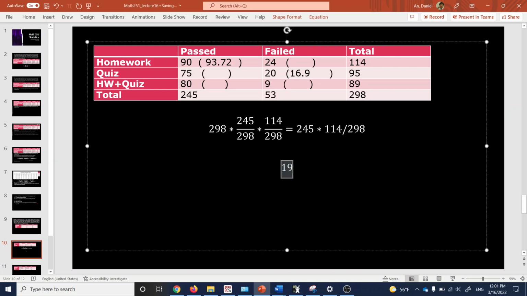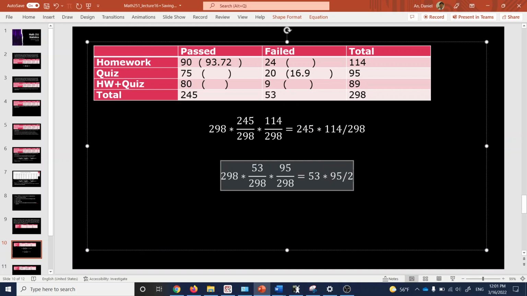It's 298 times 53 out of 298 times 95 out of 298. Right. So that's going to be 53 times 95 divided by 298.